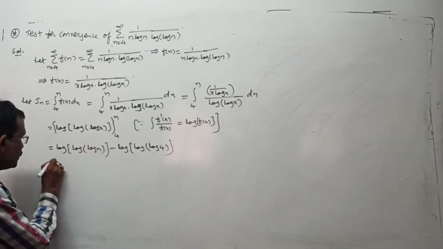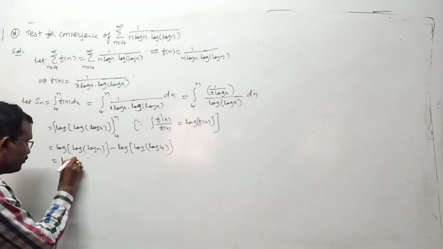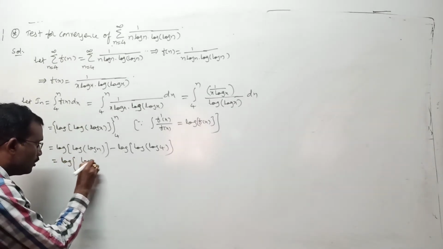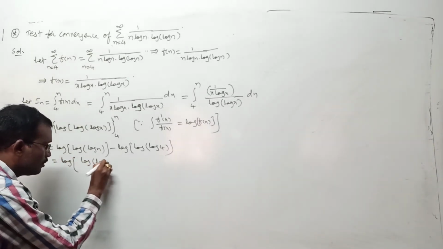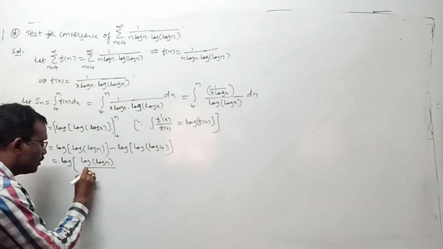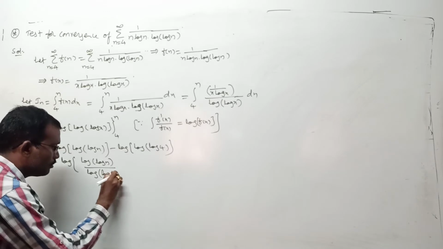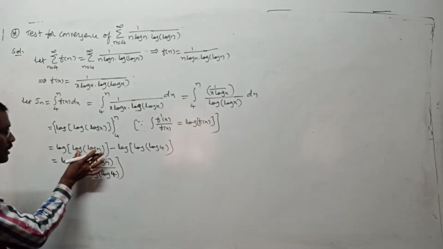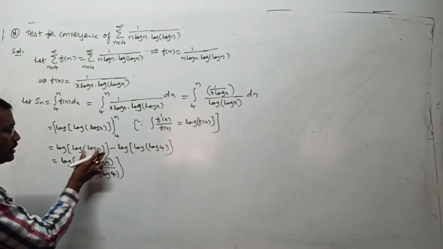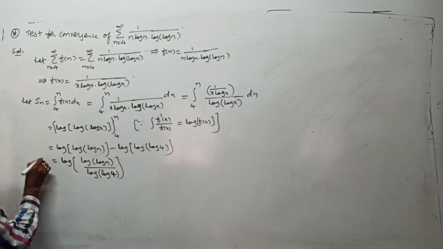Then this we can write as log of log n by log of log 4, because log m minus log n is log m by n. This is the simplified result, right?